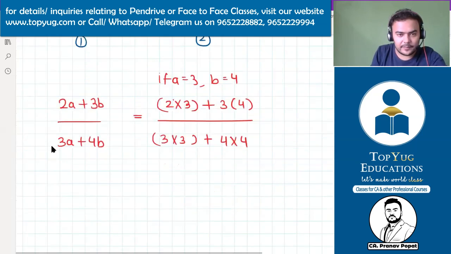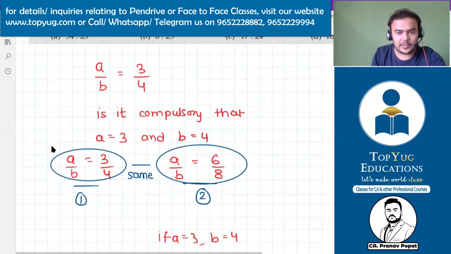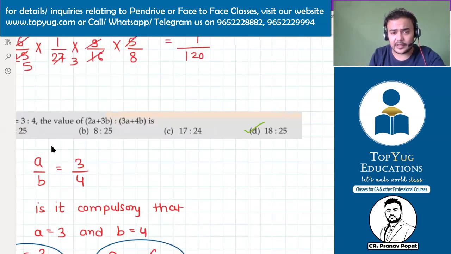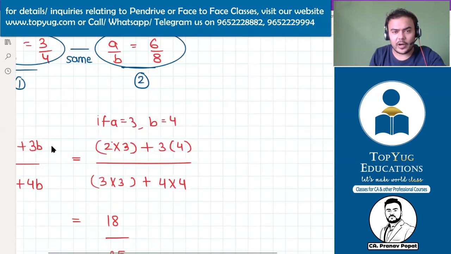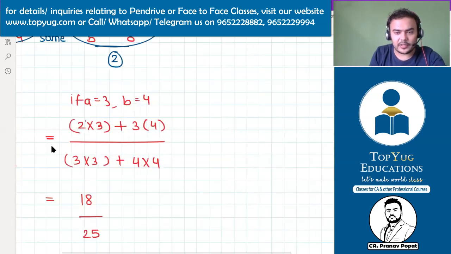What are we getting? 6 and 12, 18, divided by 9 and 16, 25. Is there any answer called 18 by 25? Yes. So D is the correct answer. No problem. Now I want you to do it the other way also.